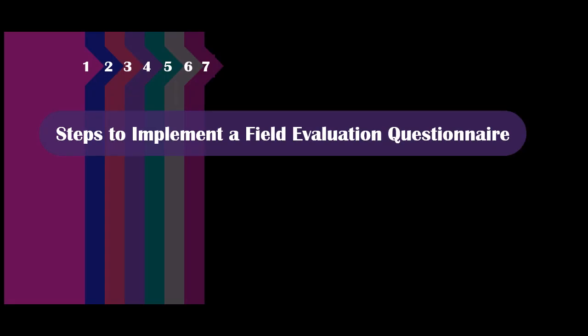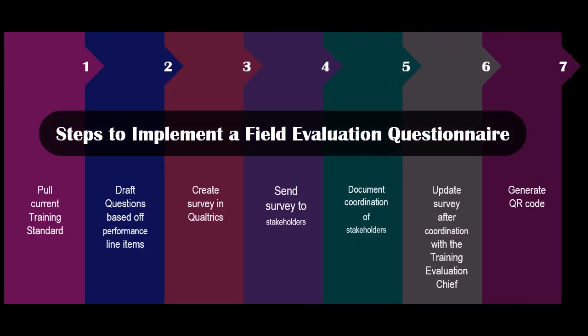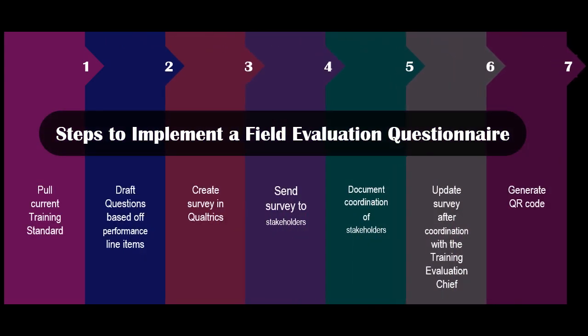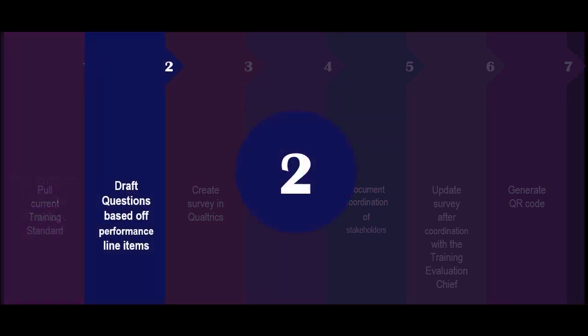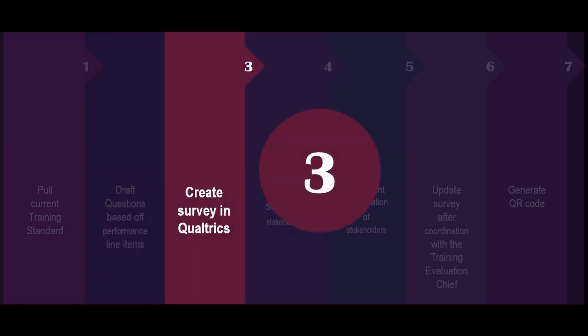The steps to implement an FEQ for an Air Force specialty are as follows. Number 1, pull the current training standard. Number 2, draft questions based off performance line items using the headings. Number 3, create survey for all questions in Qualtrics.